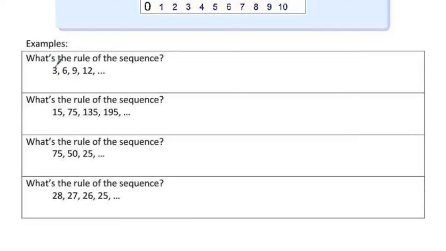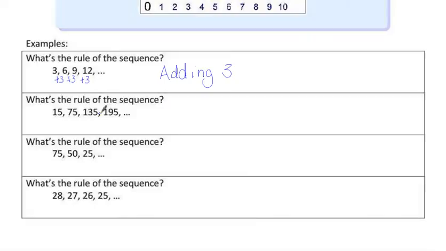I could say 3 plus 3 would be 6, and then 6 plus 3 more would be 9, and 9 plus 3 more would be 12. So the rule is adding 3. And this is a calculator unit, so you may use a calculator if you need help with solving any of these sequences.